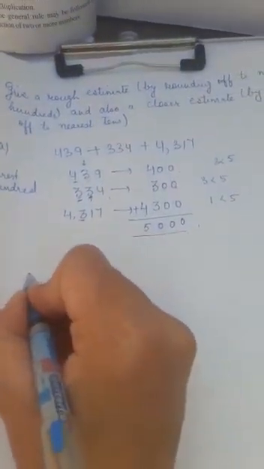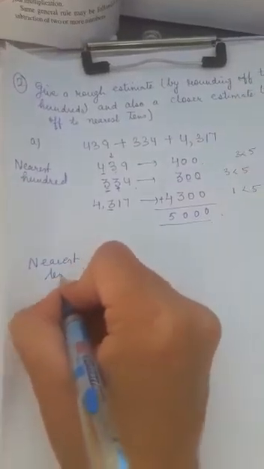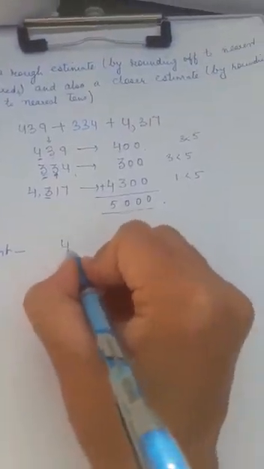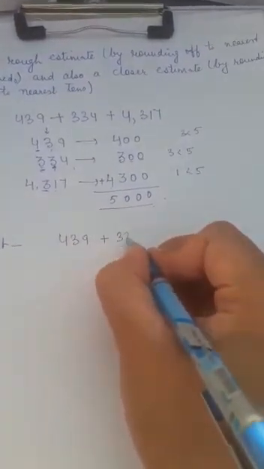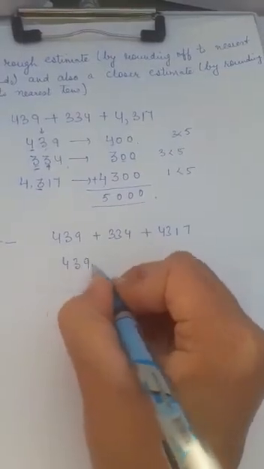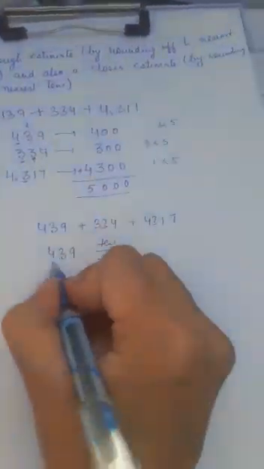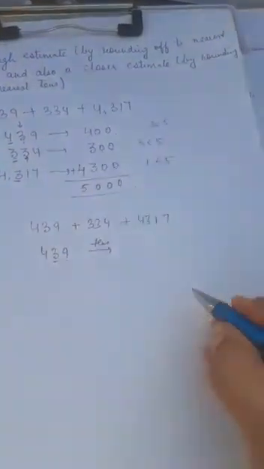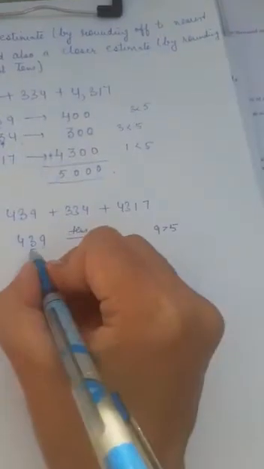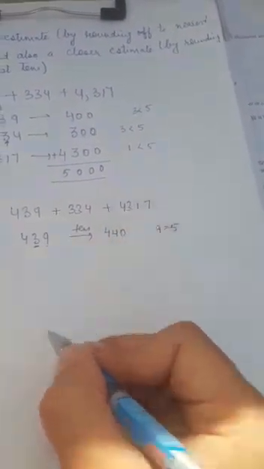Now in the same way you will round off these numbers to the nearest tens. So again I'll write 439 plus 334 plus 4317. Now I have to round off to the nearest tens place. So I'll check the digit at the ones place. It is 9. 9 is greater than 5. So this place will be rounded up. 440.